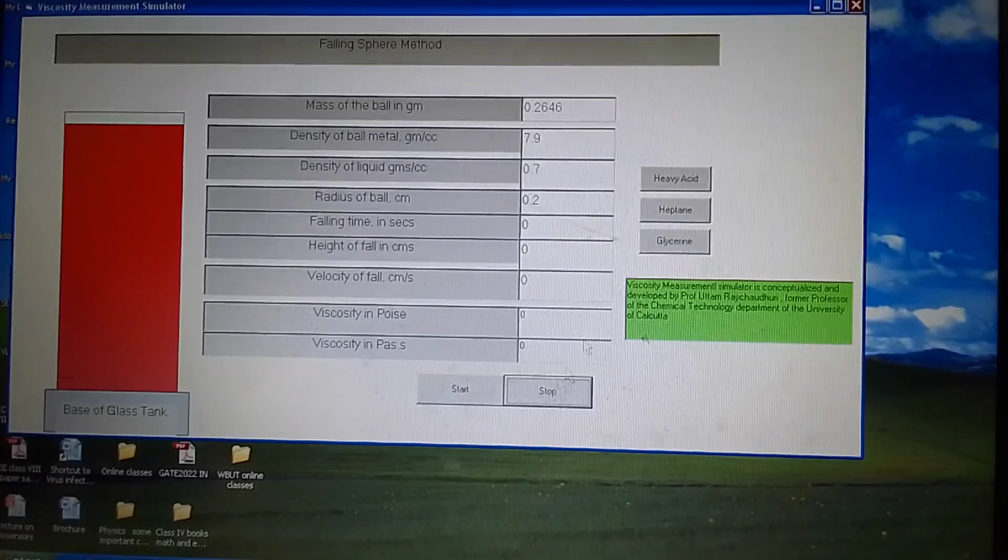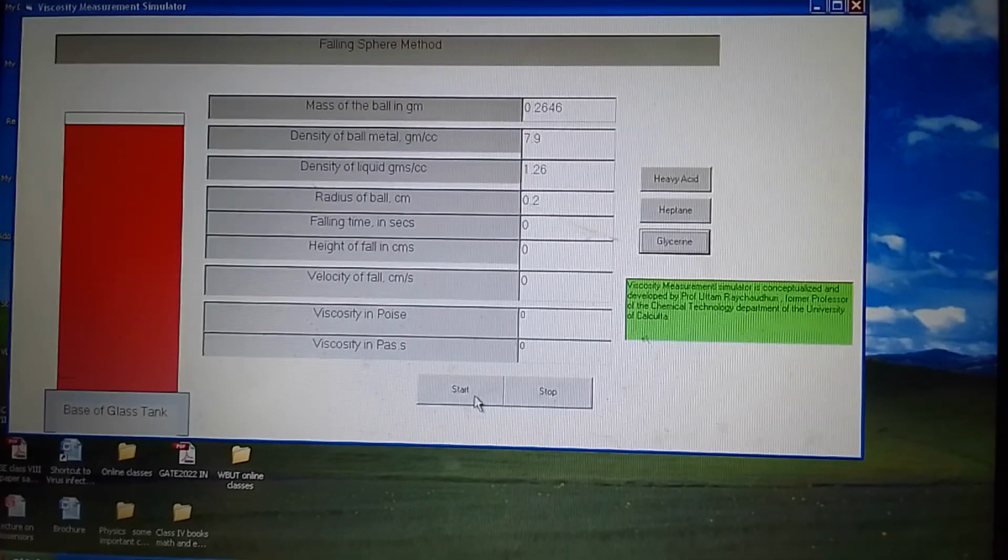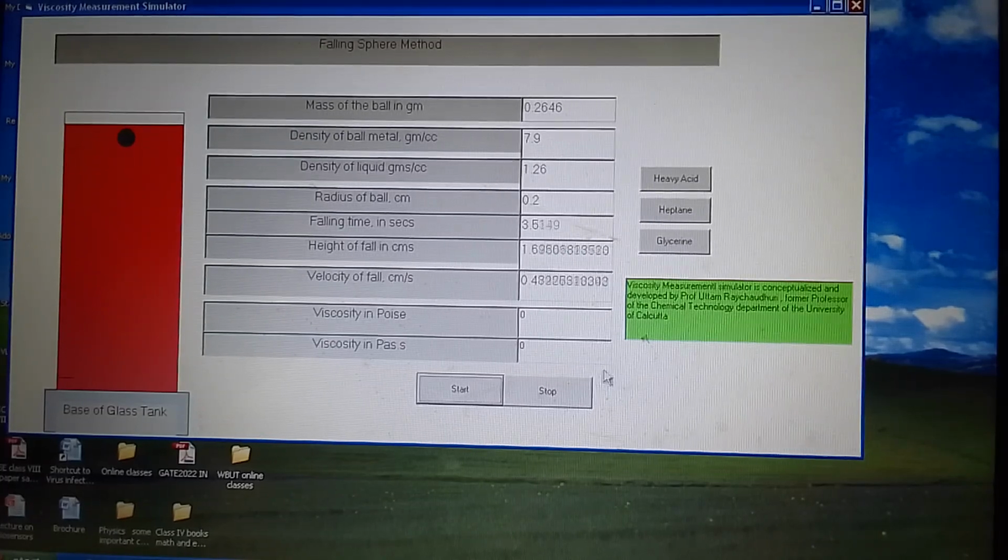Now we stop it, and then we take glycerin, which is heavy. The density is 1.26. In this case, we'll start. It will take time, it is now falling, and the time is being measured. As soon as it touches the bottom, we'll get the viscosity.